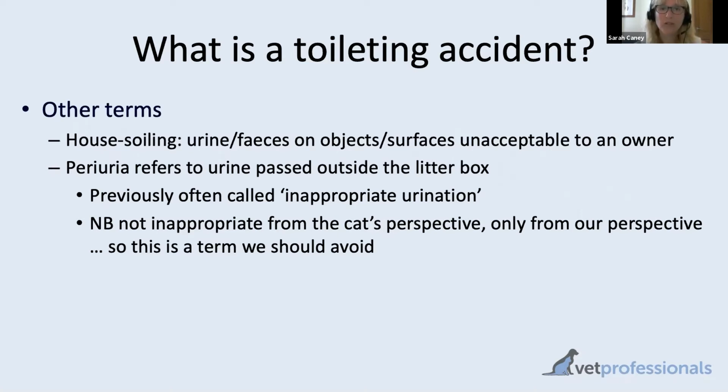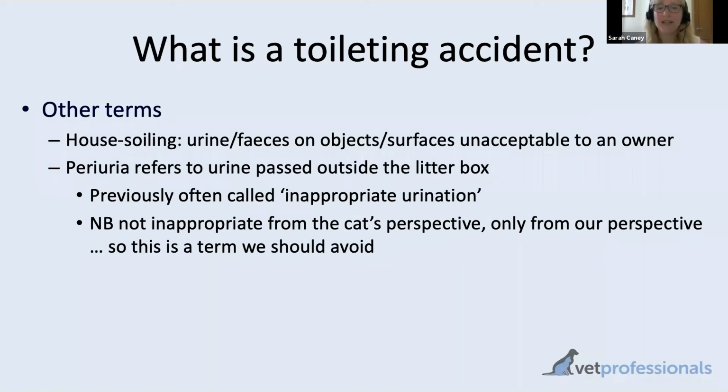So I've already fallen into this trap of using the word inappropriate in terms of the terminology. As you'll see from this slide, we should avoid that. Old habits die hard with me too, but the term inappropriate urination, which was often used in the past, is really not thought to be a very correct term, because really from the cat's perspective, it's not an inappropriate location.